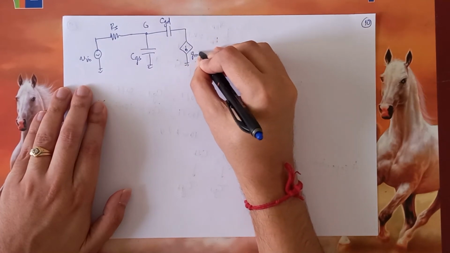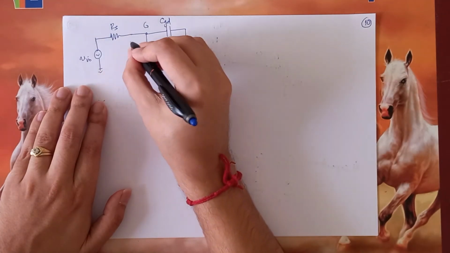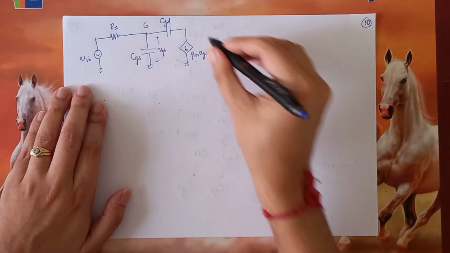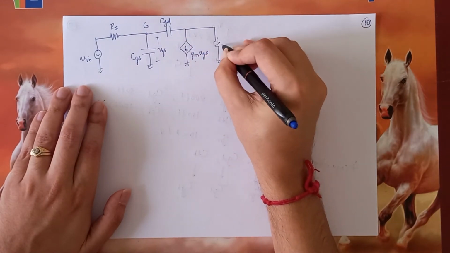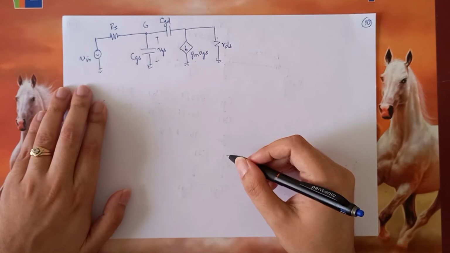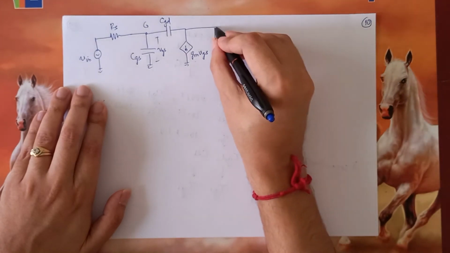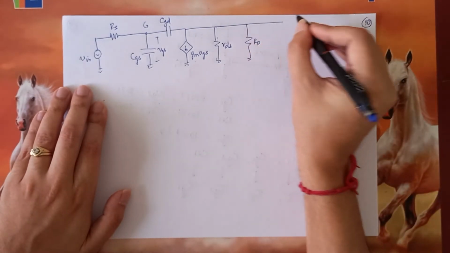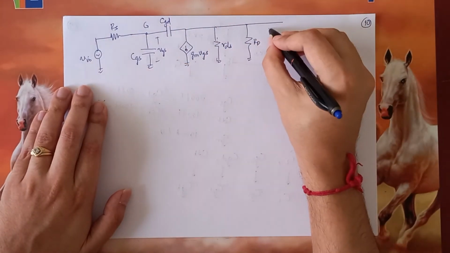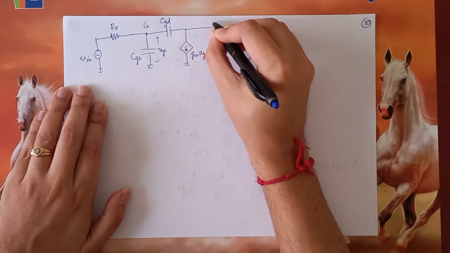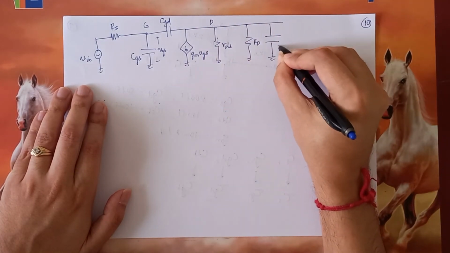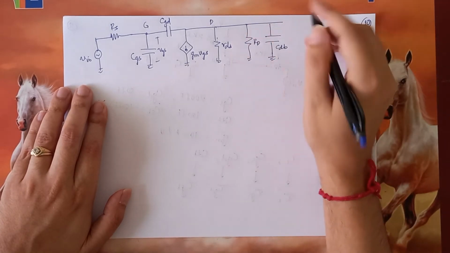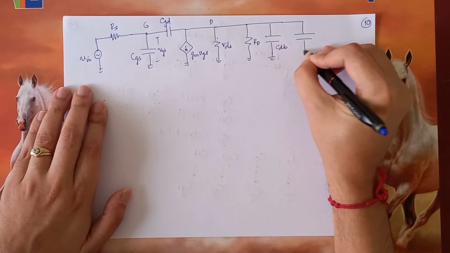Then gm VGS, so this voltage is VGS. Then comes RDS. Then comes RD. Then we have the third capacitance, which is CDB. This is the drain. The body is at ground. And finally, we have the load capacitance CL.